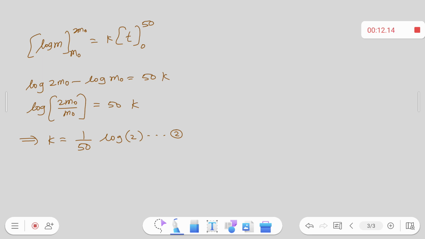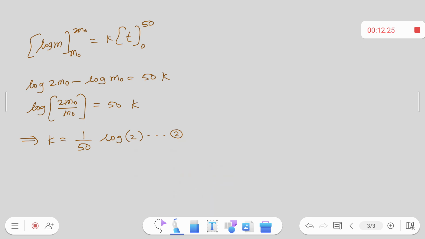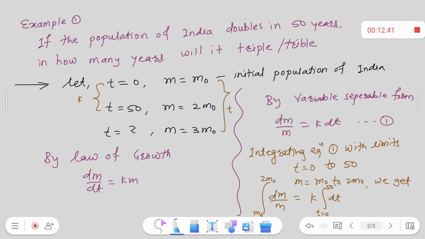Now once we have the unknown, integrate equation 1 again with respect to the same variable with different limits, first and third. So once we have k, integrating equation 1 again with t from 0 to, now either use first and third or second and third.